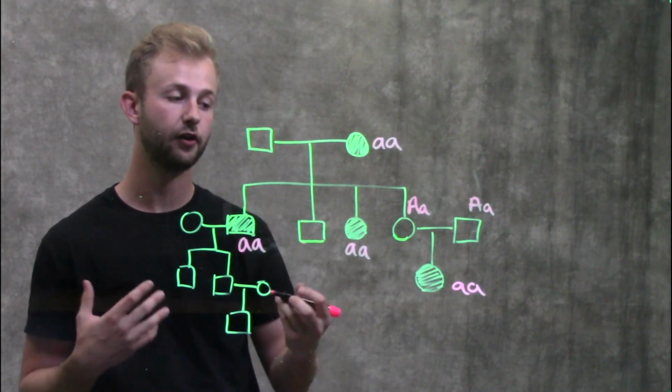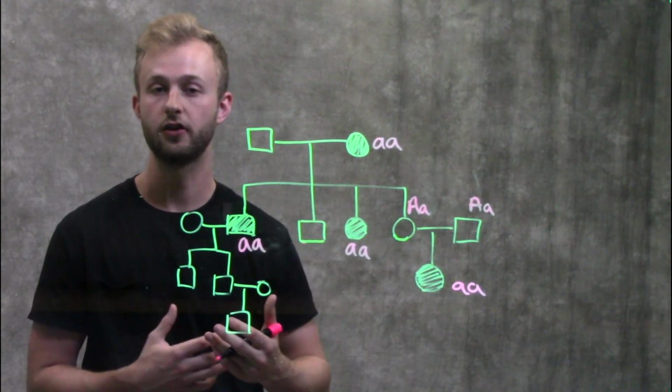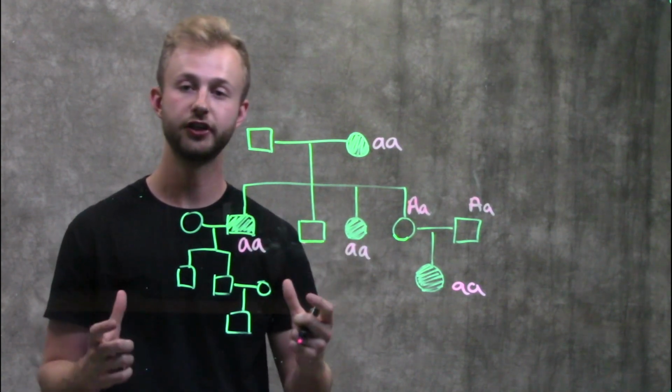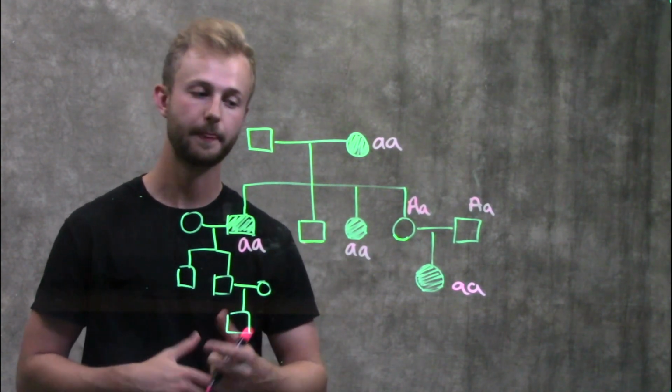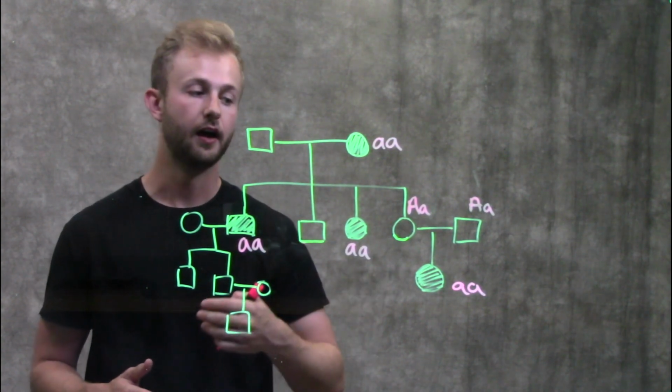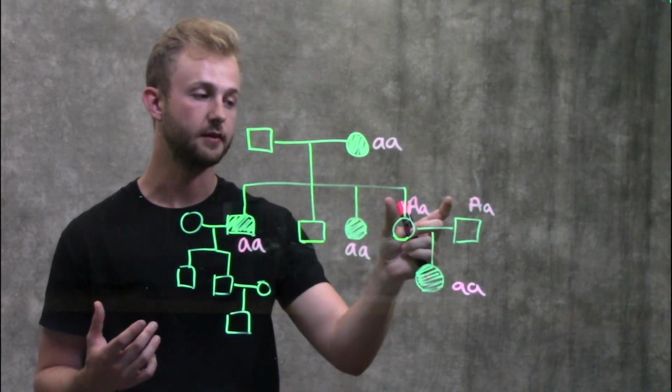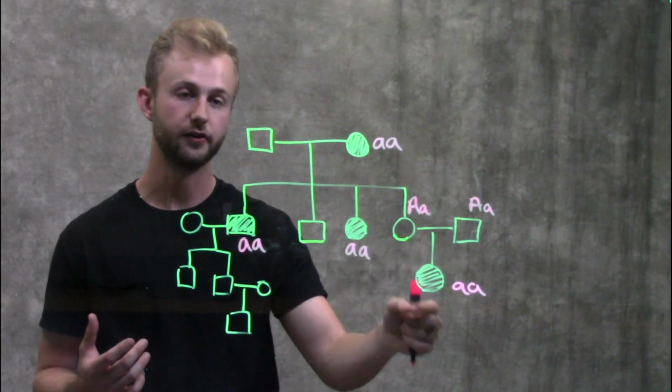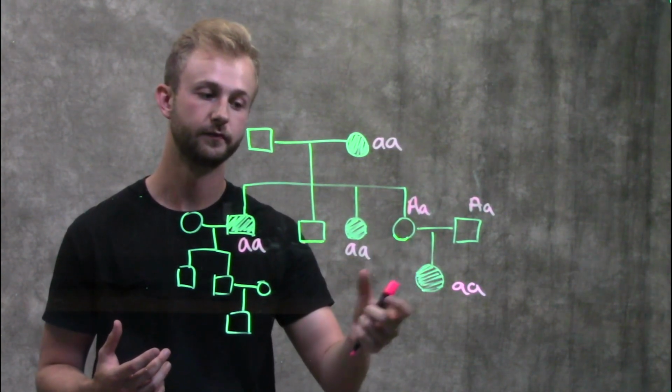Now that we figured out how this disorder is passed on, we can try to figure out the genotypes of the individuals in this family. We already know that all the affected individuals are homozygous recessive. We also know that the parents of this affected child are carriers.